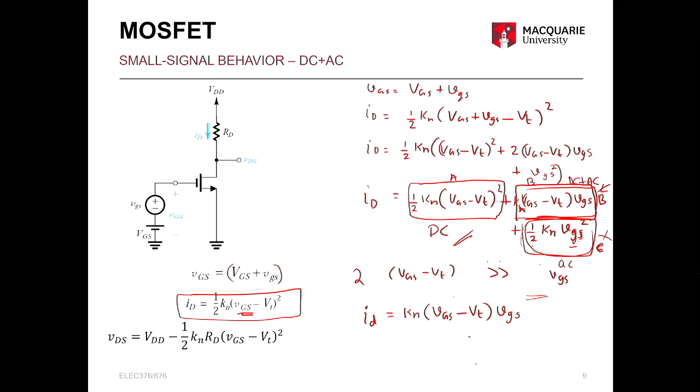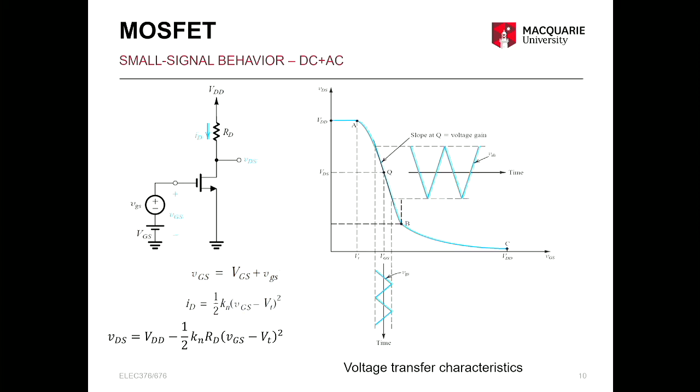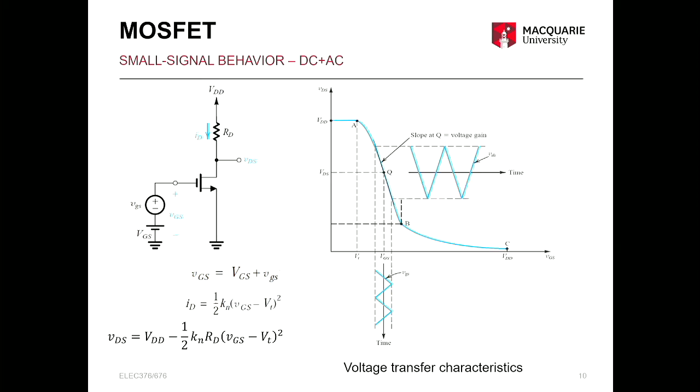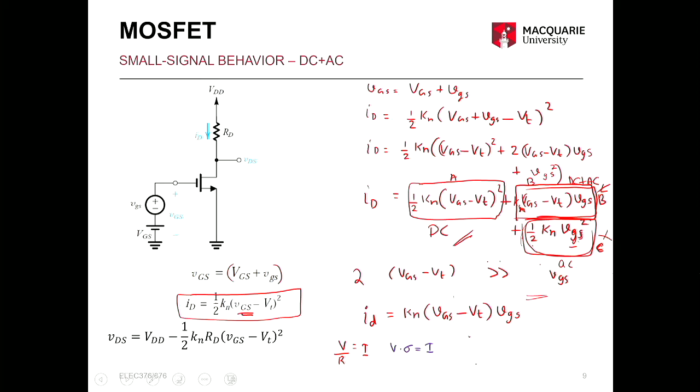Have you seen equations like that before? This is like Ohm's law, right? V is equal to, or V by R is equal to I, or V times conductance is equal to I. Or 1 by R is the conductance term.